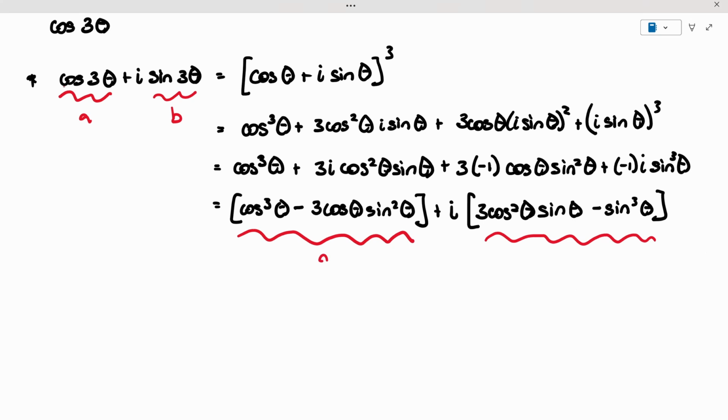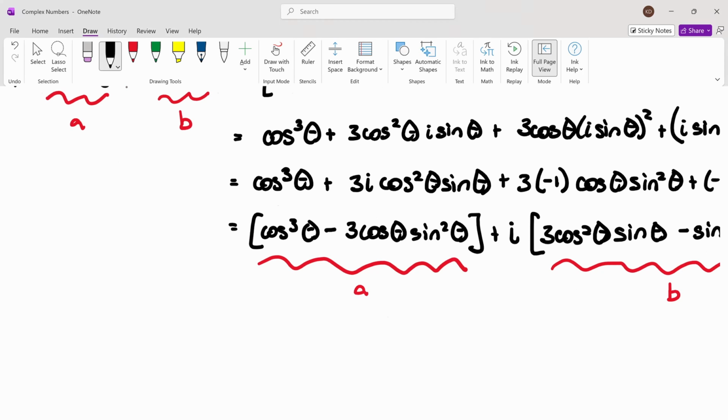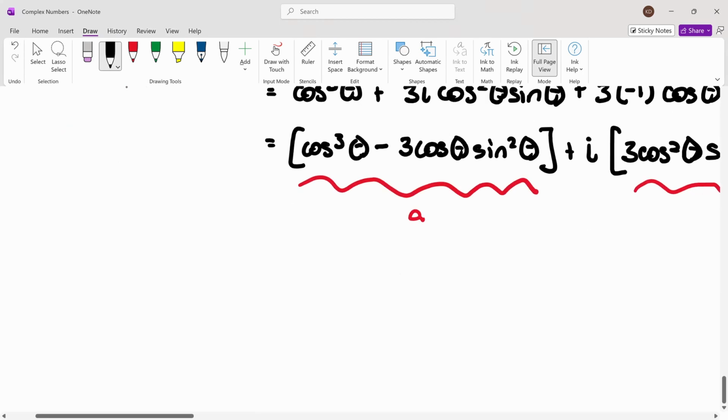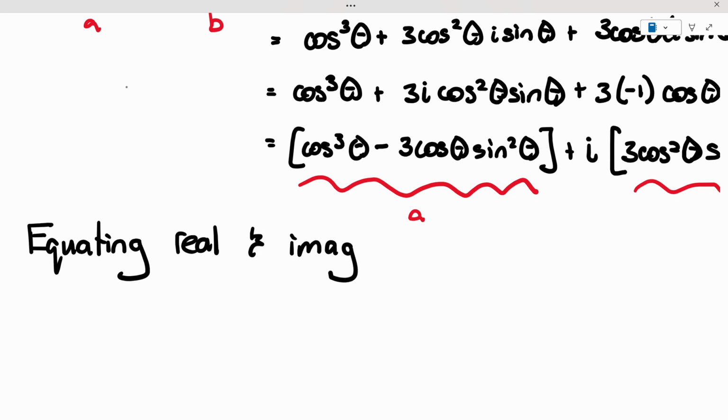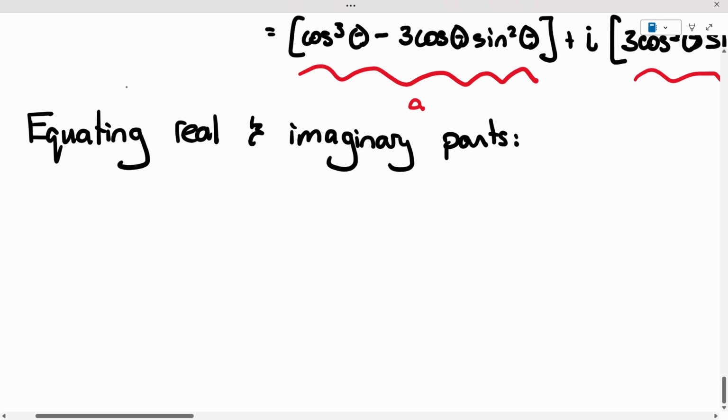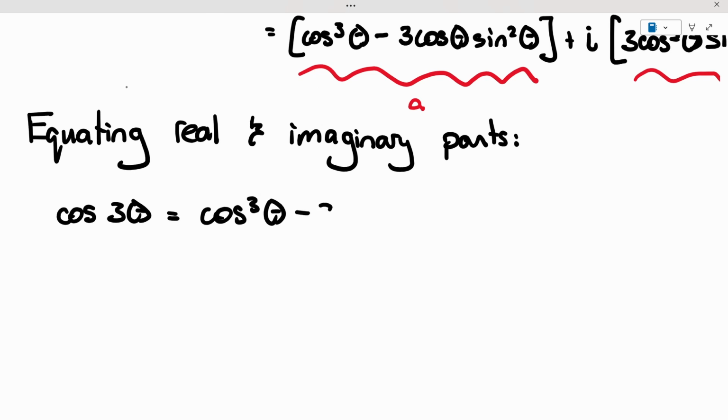And we see we could actually equate the real and imaginary parts, right? So we just say, equating real and imaginary parts, cos 3 theta, which was the real part, is cos cubed theta minus 3 cos theta sine squared theta.